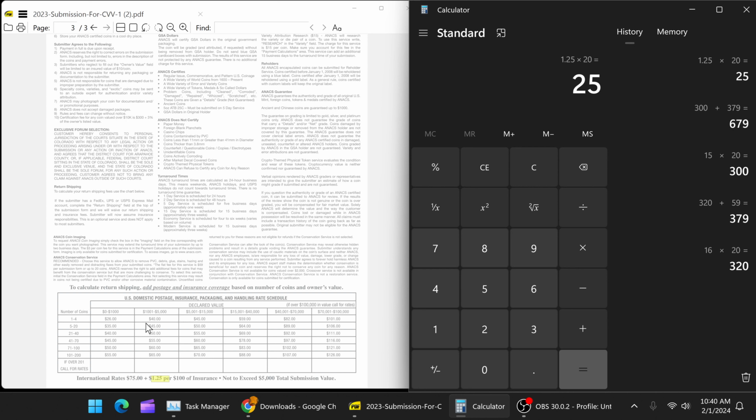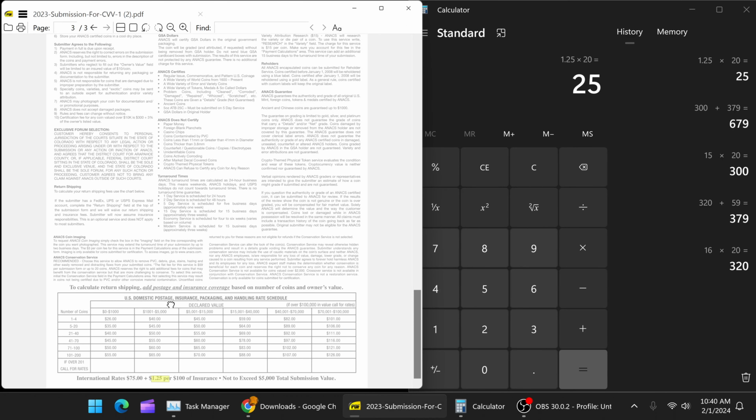So that's 65, and something tells me that's a little low. And it says international here. Wait, do I have that wrong? It's $45. Postage, insurance, packaging, oh, so it's all together $45. Okay, I'm sorry, I was reading the international rate. So yeah, this stuff is complicated. So it's just the $45.